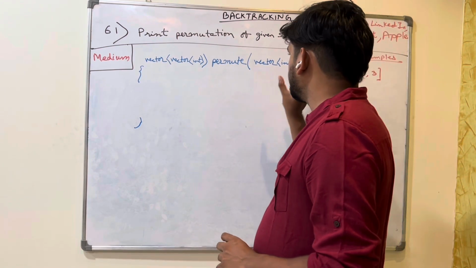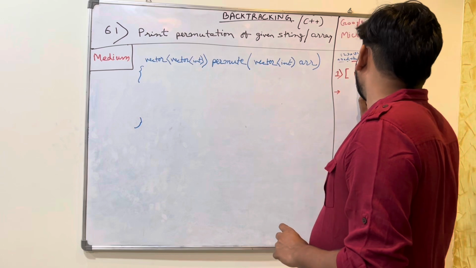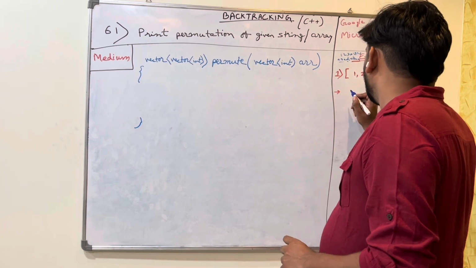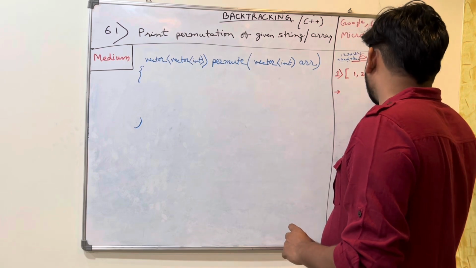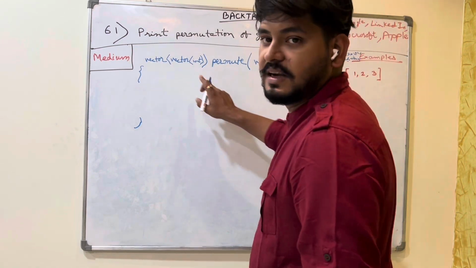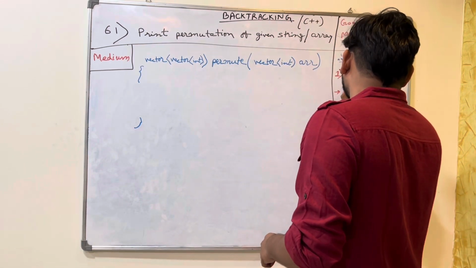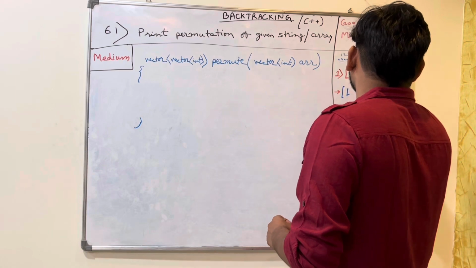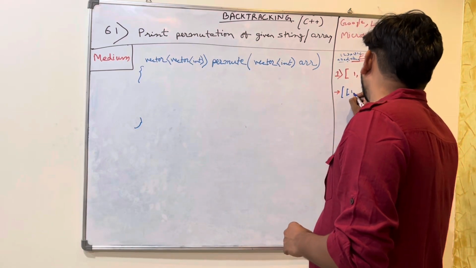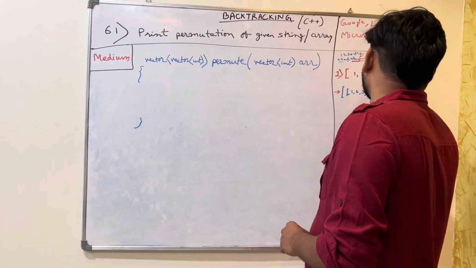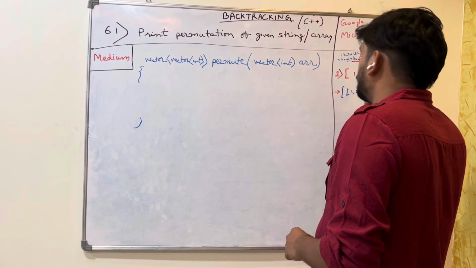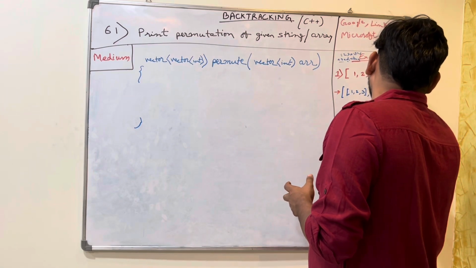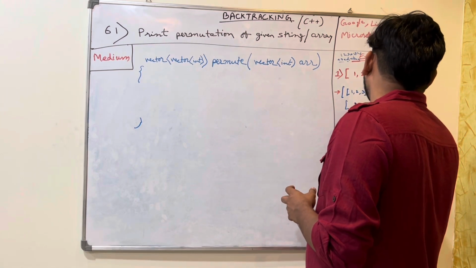So the array is given here, and the array contains 3 elements in this example. We can have its permutations in a vector of vector, like a 2D array you can say, and the answer would be the permutations of this. That means 1, 2, 3 in any order. So one would be 1, 2, 3. What would be the other? 1, 3, 2, different ways of arranging it.